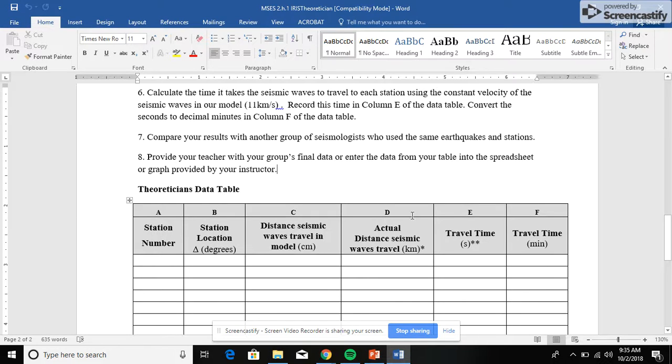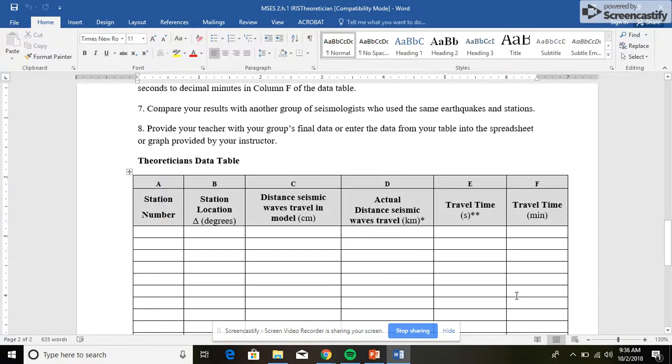Every time you do a calculation and you get an answer in your calculator, round to the nearest hundredths place so that we don't lose a bunch of data. It might make sense to do each row one at a time. When you calculate the distance in kilometers, you keep that answer in your calculator. Then you just take that divided by 11, keep that answer in your calculator, and take that divided by 60, keep that answer in your calculator, and then go and do the next row.